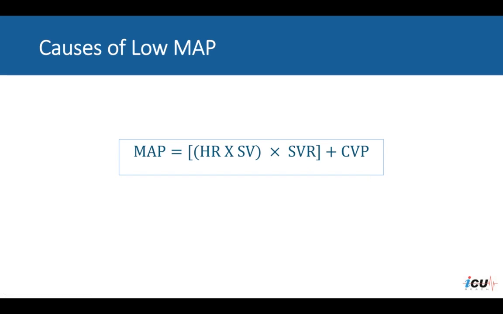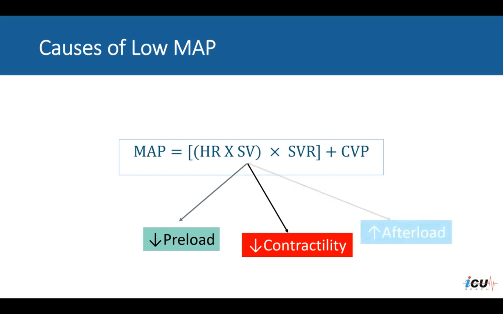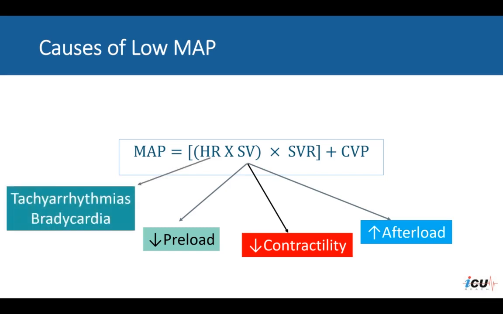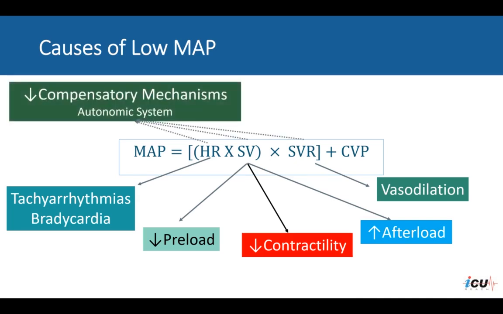And low blood pressure would be caused by decreased preload, decreased contractility, or increased afterload, such as pulmonary embolism or pericardial effusion. It can also be caused by abnormalities in the heart rate with tachyarrhythmias or bradycardias. It can be caused by decreased systemic vascular resistance with vasodilatation, and it could also be caused by decreased compensatory mechanisms with problems in the autonomic system.